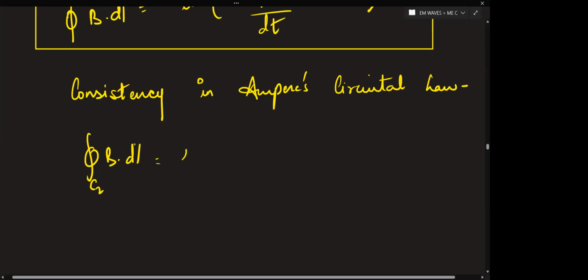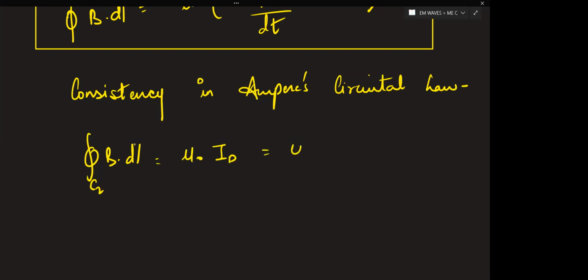This is equal to mu naught times the displacement current now will come. Initially it was 0. Now it is displacement current. So this becomes mu naught epsilon naught d phi E over dt.